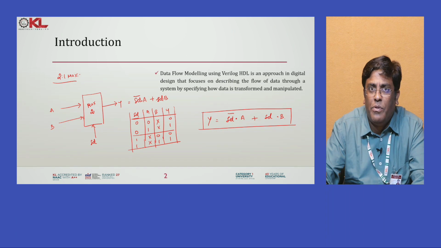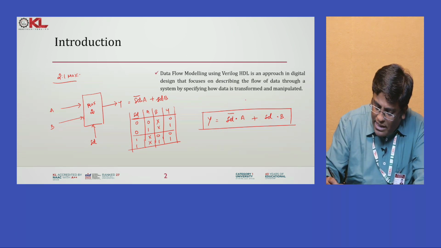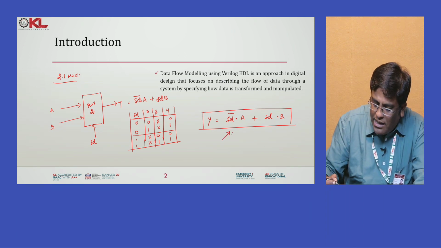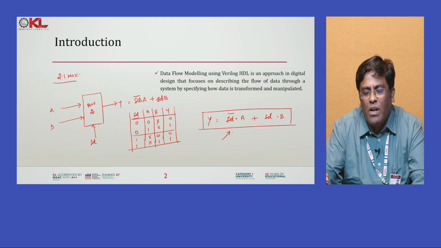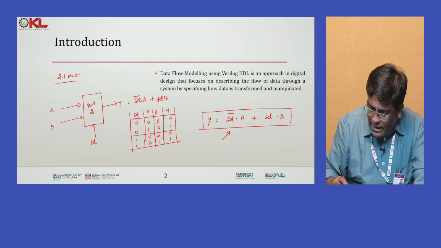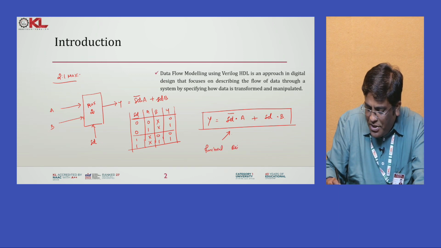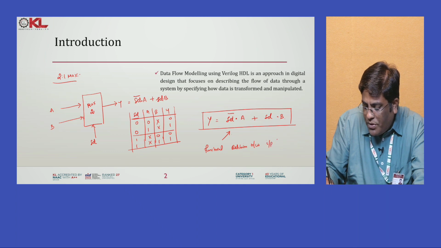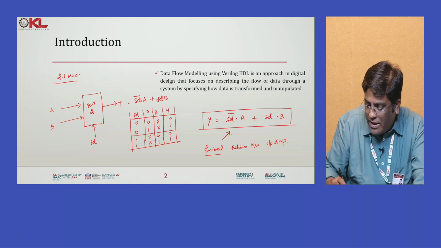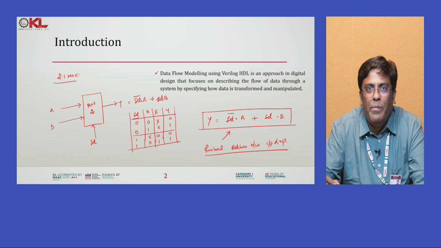We are not going to care about it. But if the designer knows the logic expression, or the functional relation between the input and the output, we can directly go for programming.